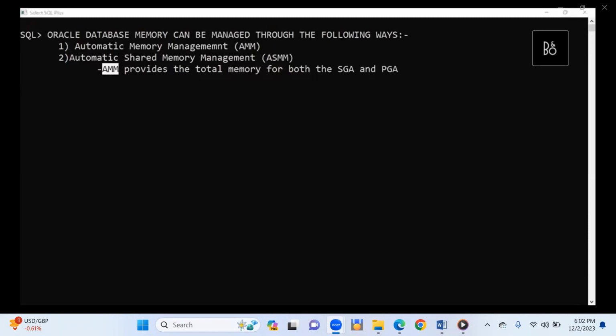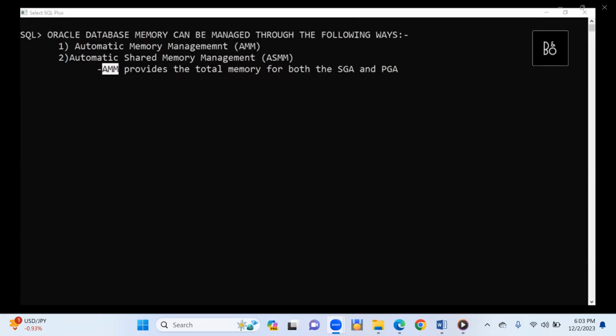Now the allocation is set in a ratio. There's no way that SGA will be surpassed by PGA in terms of memory consumed, because SGA always ends up having more components than PGA. So we can say the allocation is set in a 60-40 ratio: 60 for SGA and 40 for PGA.